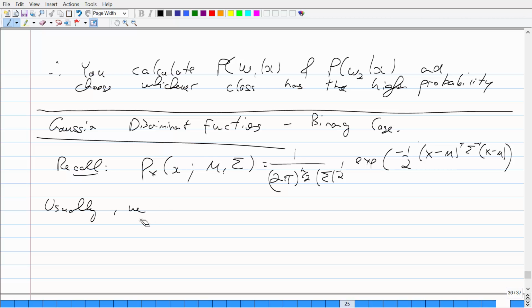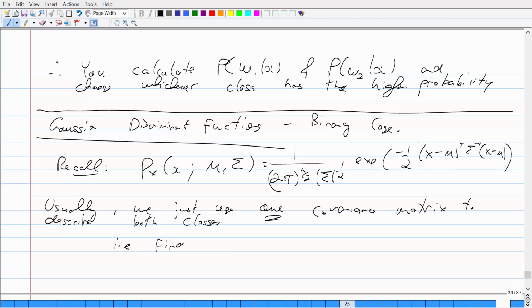So usually we just use one covariance matrix to describe both classes. What I mean is to find the covariance matrix over all features for both classes.